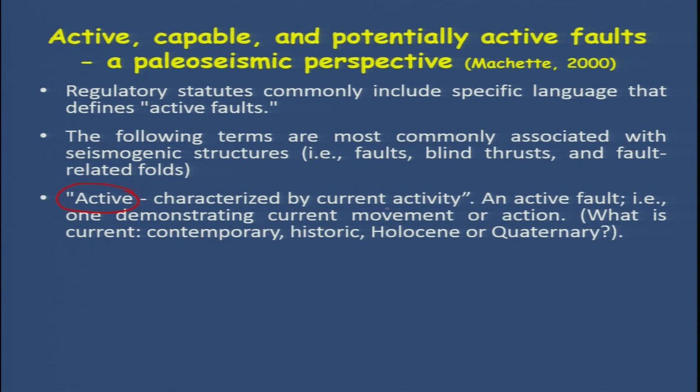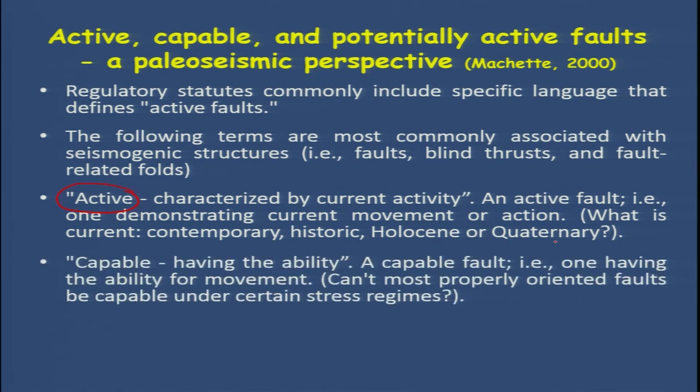Now, the term active is characterized by current activity. So, an active fault is one demonstrating current movement or action. What is current? Contemporary, historic, Holocene or Quaternary. This is one. Another one is capable, having the ability.